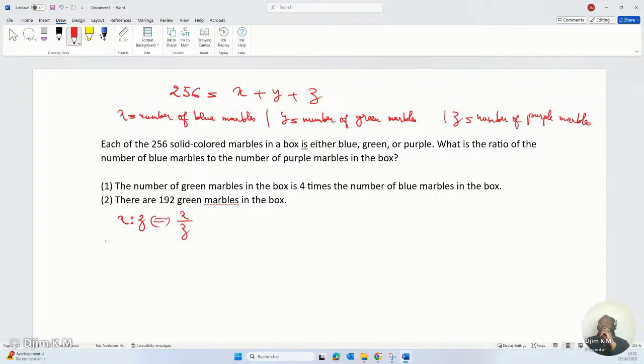In the first condition, it says the number of green marbles is 4 times the number of blue marbles. So y is equal to 4 times x.